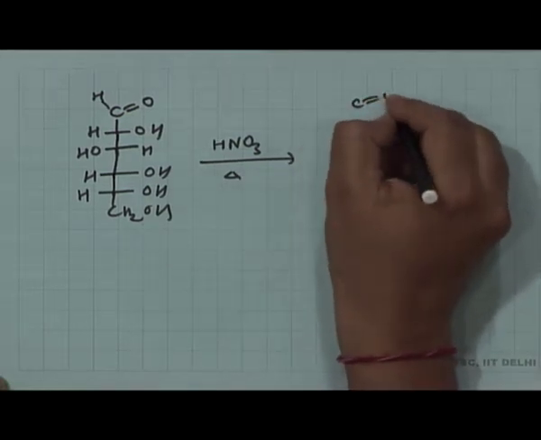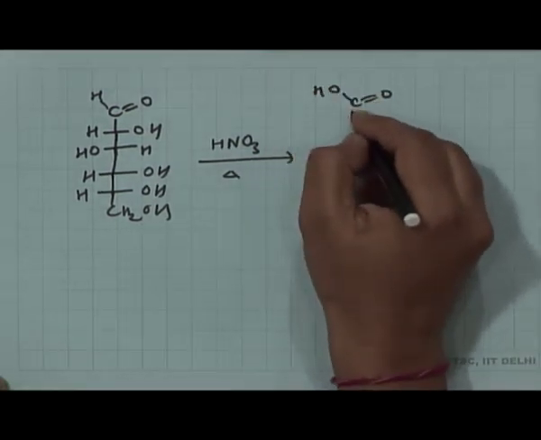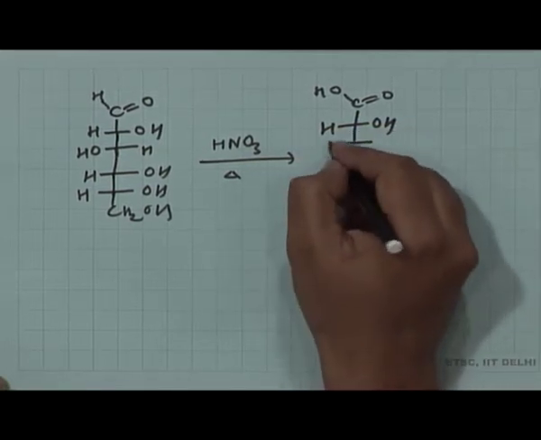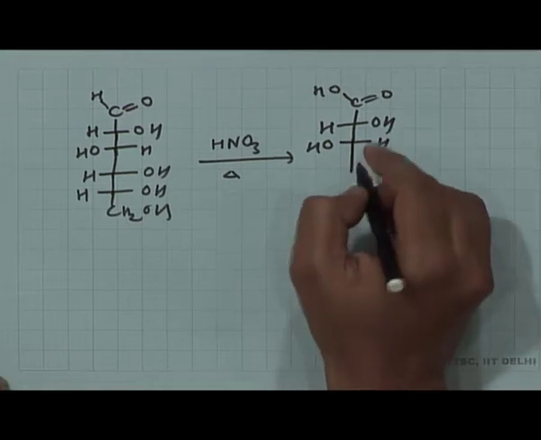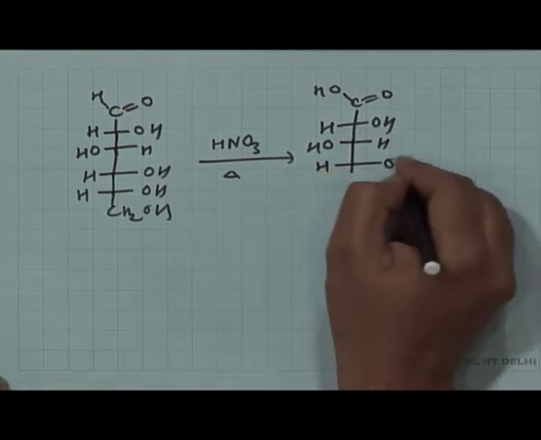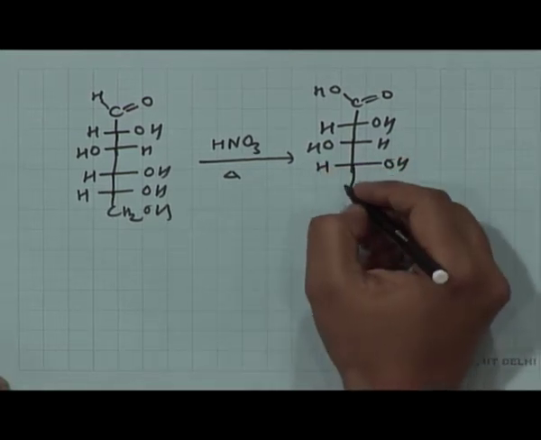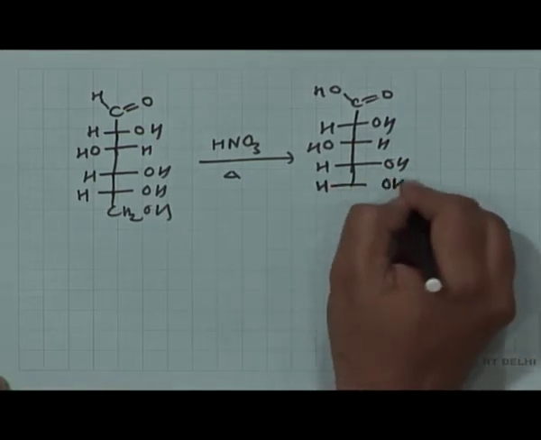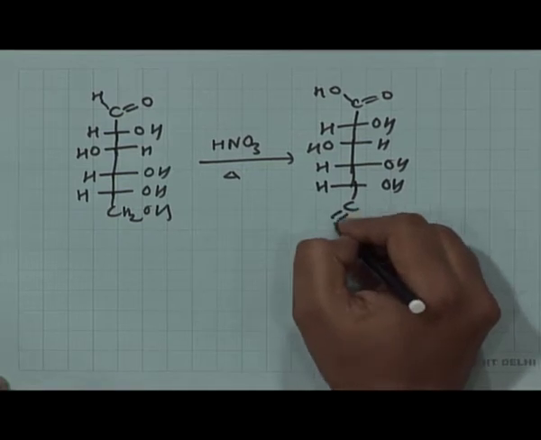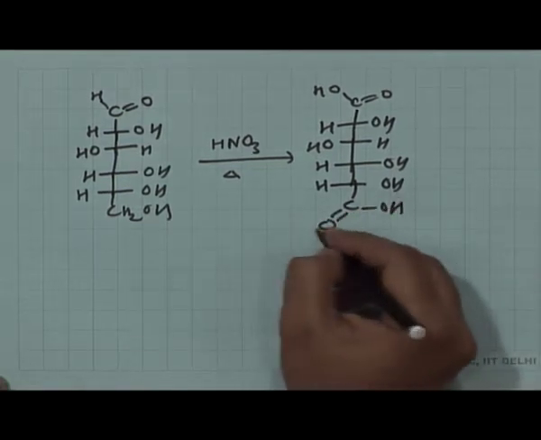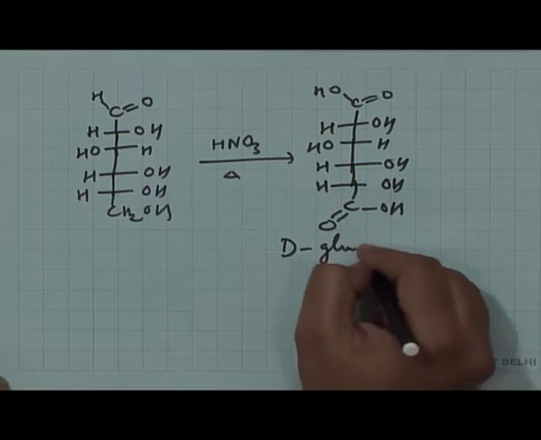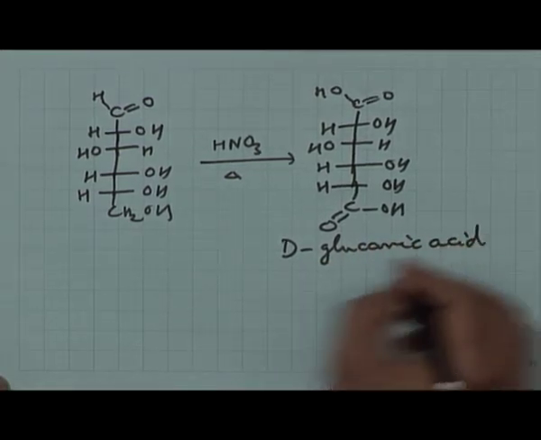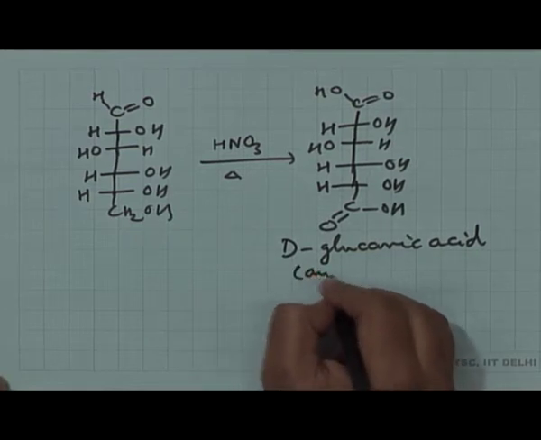So, it gets converted to a dicarboxylic acid, D-glucaric acid, an aldaric acid.